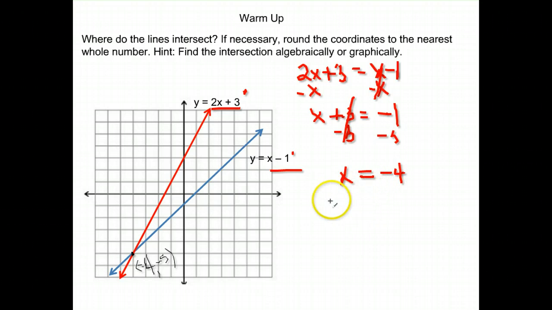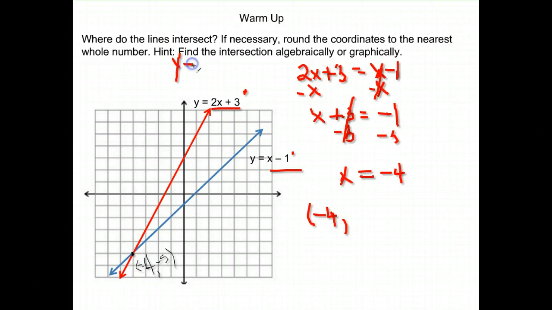Okay, so that's part of my solution. So it looks like I was right. They intersect at the point -4 for x. And then to find your y value, what you do is you put that number back into either of these two equations to find out what y is. So let's say I put it back into that first equation.